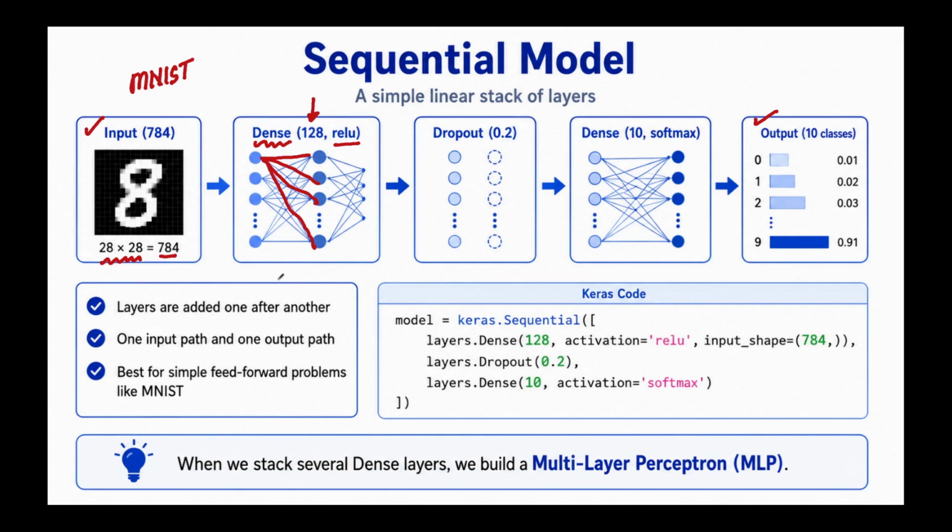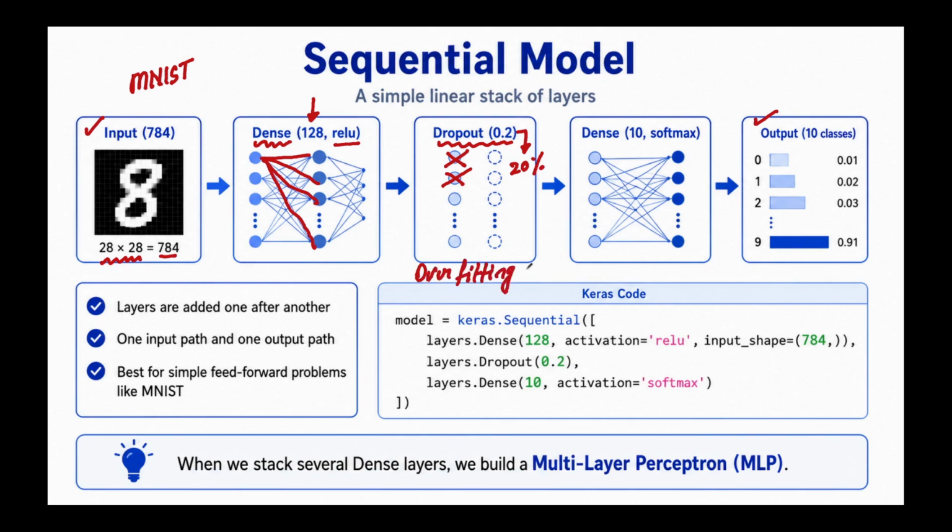After that, we use dropout with a value of 0.2. Dropout means during training, some neurons are randomly switched off. Here 0.2 means 20% of the units may be dropped out during training. Why do we do this? To reduce overfitting. Overfitting means the model memorizes the training data too much and does not generalize well to new data.